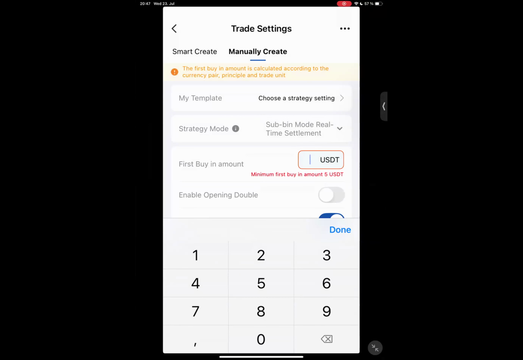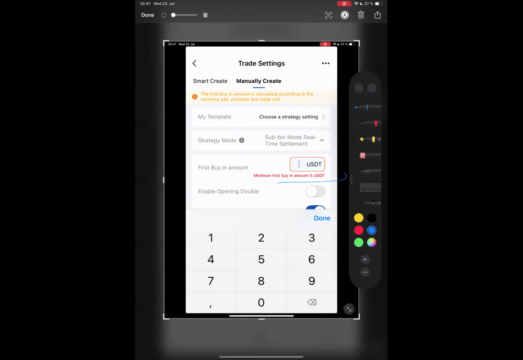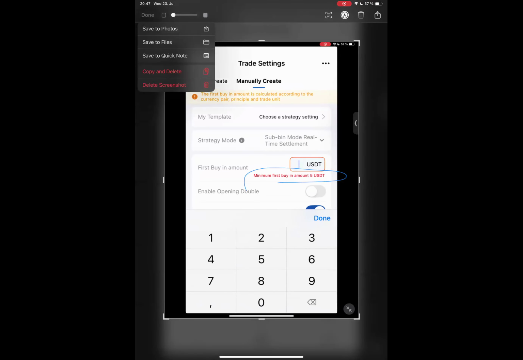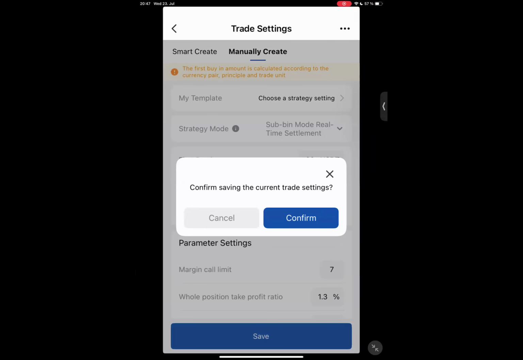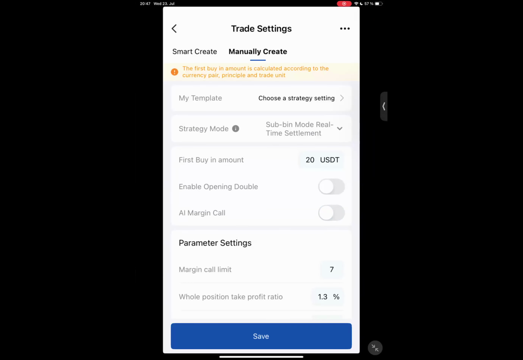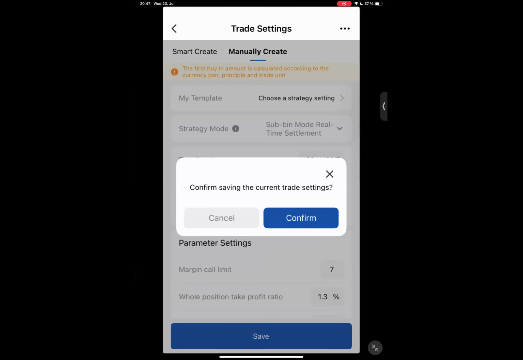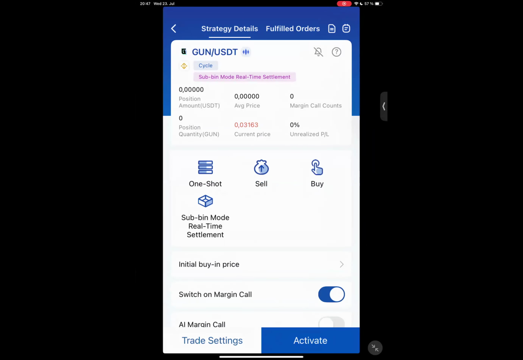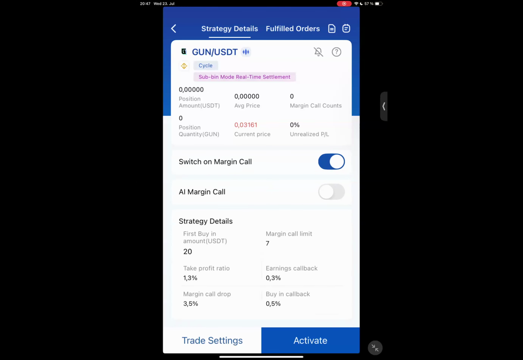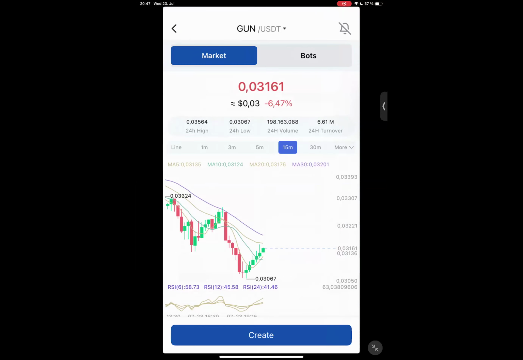The minimum you can do on Binance is 5. Okay. So I'll just change it to maybe 20. Then I tap on done. Then I save. No, I'll turn off the AI margin call because I don't want to use it. Then I save and confirm. Once I want to start the trade, I'll just tap on activate. Okay. All right. So let's move out.